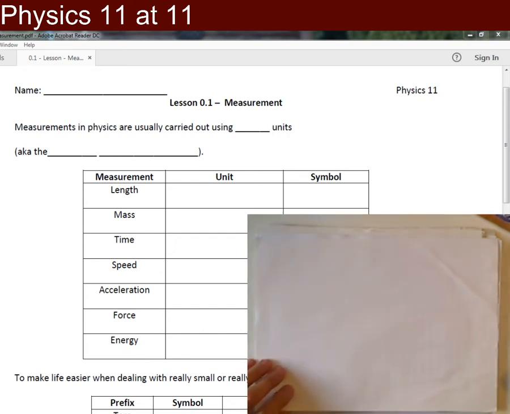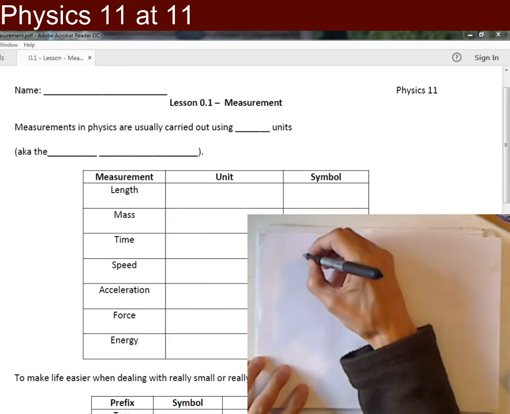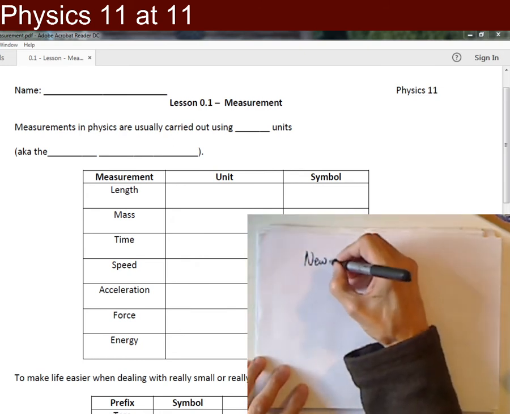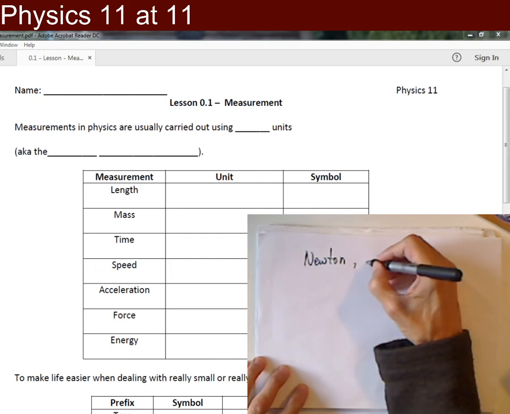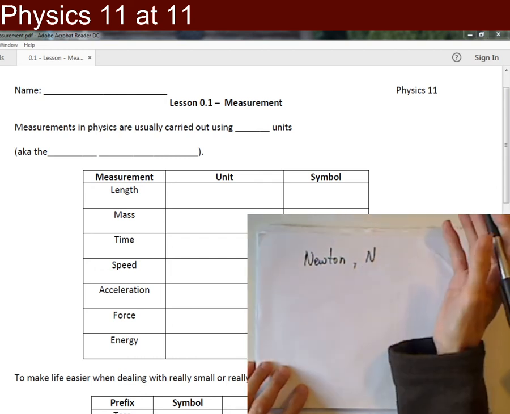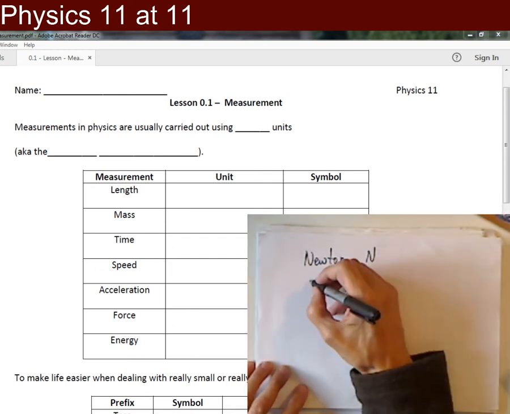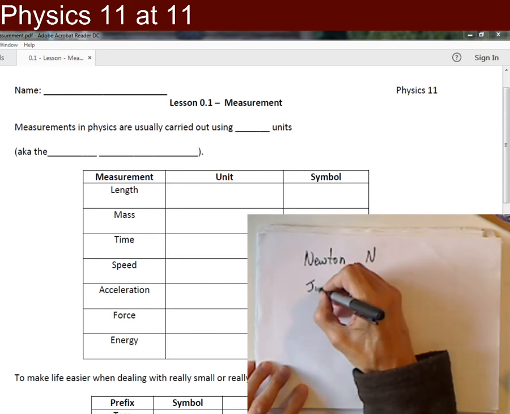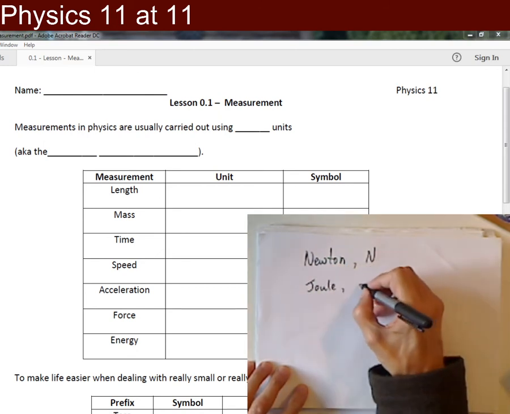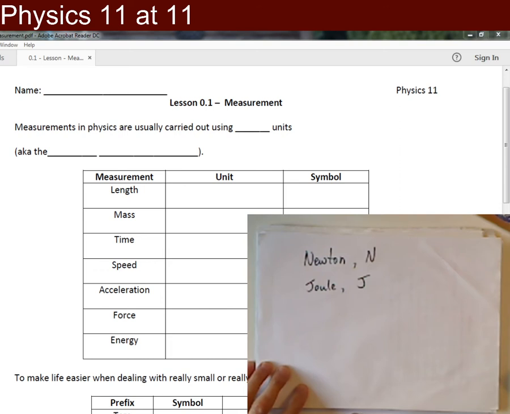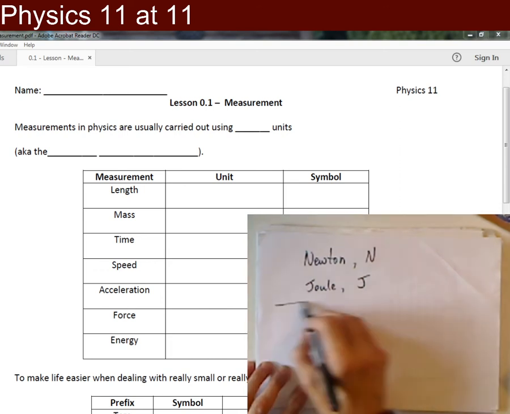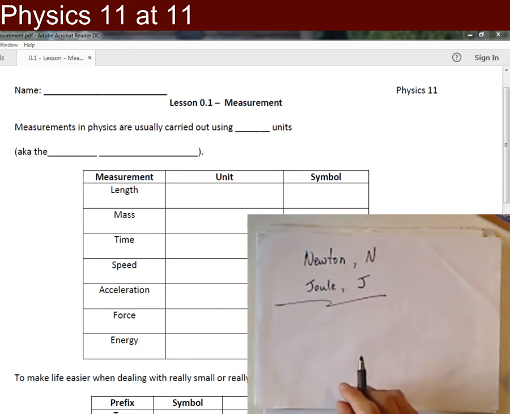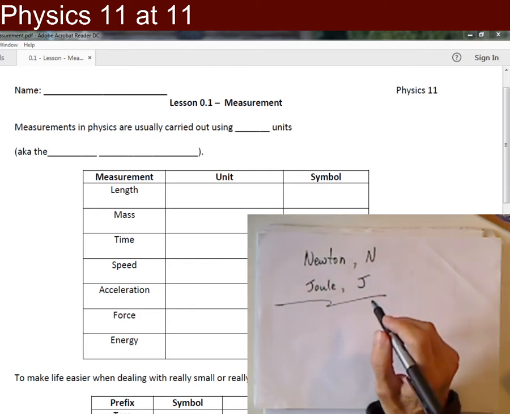We have force, which has the unit of newtons, named after Newton. And so he gets a big N. And then energy is named after Joule. And he's got a big J for that one. So those are units that we'll be using definitely in this course and very likely in future ones.